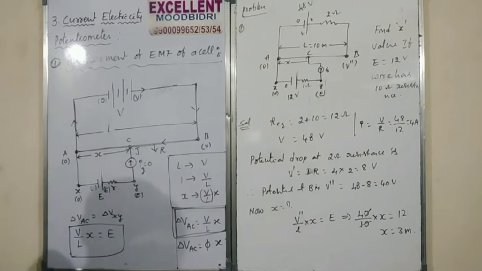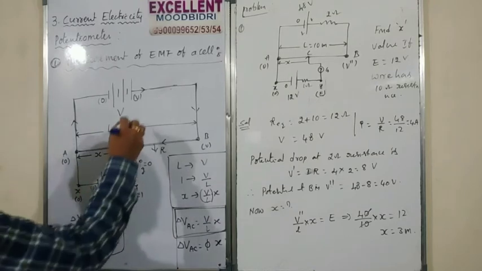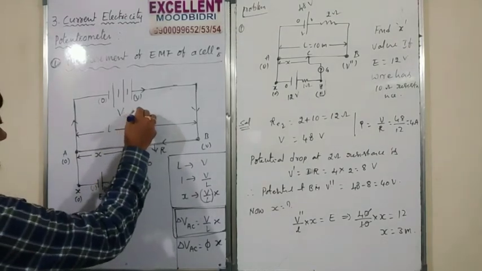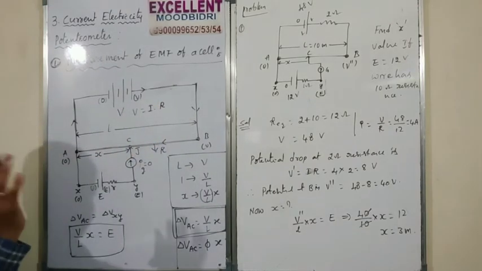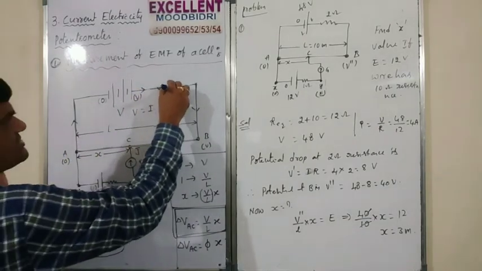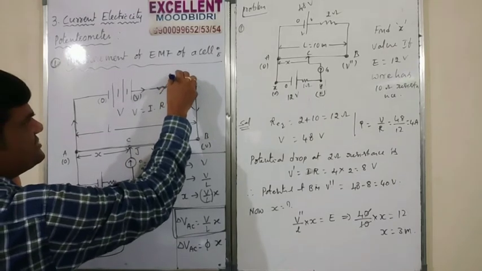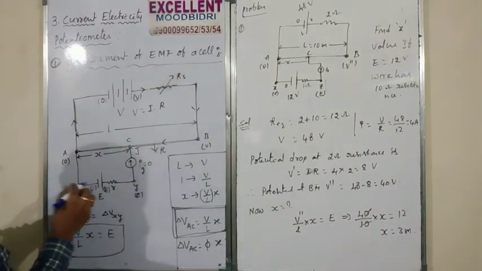Are you clear? One more small formula: V is equal to I into R, which I have given previously. Here, for example, a resistor will be there. This resistance is equal to RS.